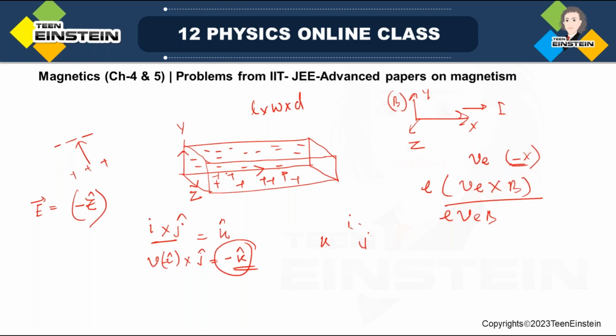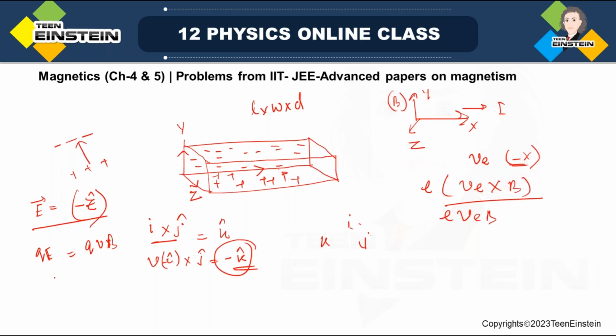When there is charge separation, or accumulation of charges on the opposite faces, an electric field develops. That electric field provides a force, q into E, and that must be equal to q v B.